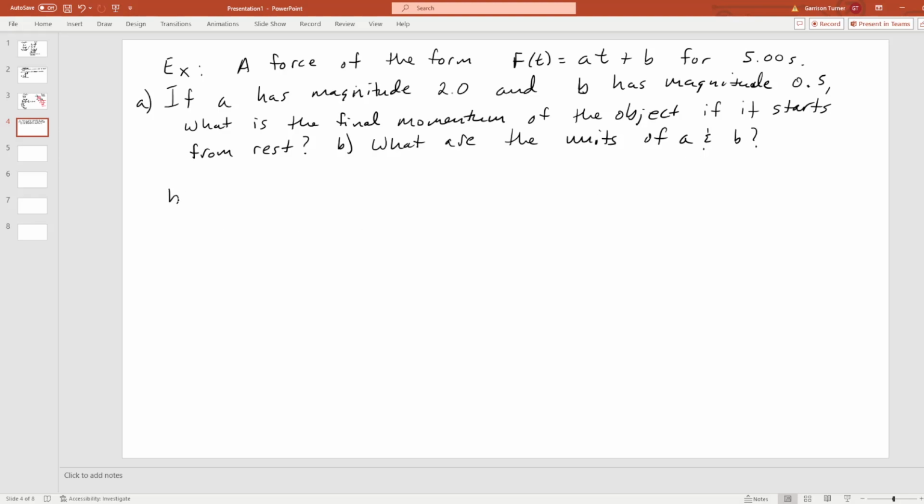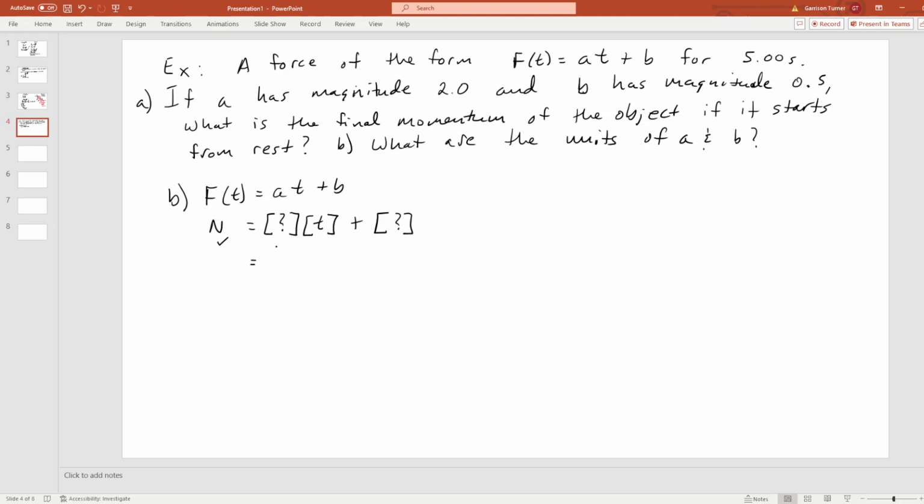So we'll actually do B first, and then we'll do A. So if my force is equal to At plus B, this side has to be newtons, and therefore A has to be newtons, or A has to be whatever will cancel out with t to give you newtons.